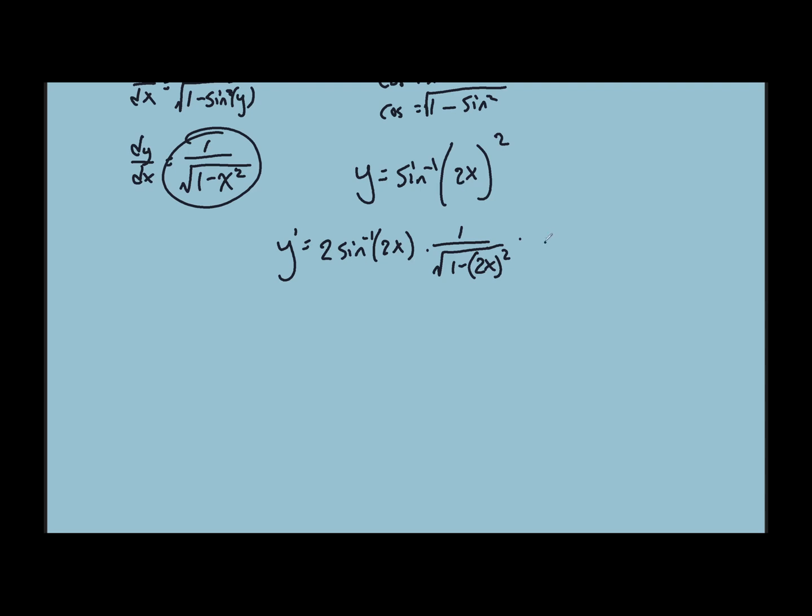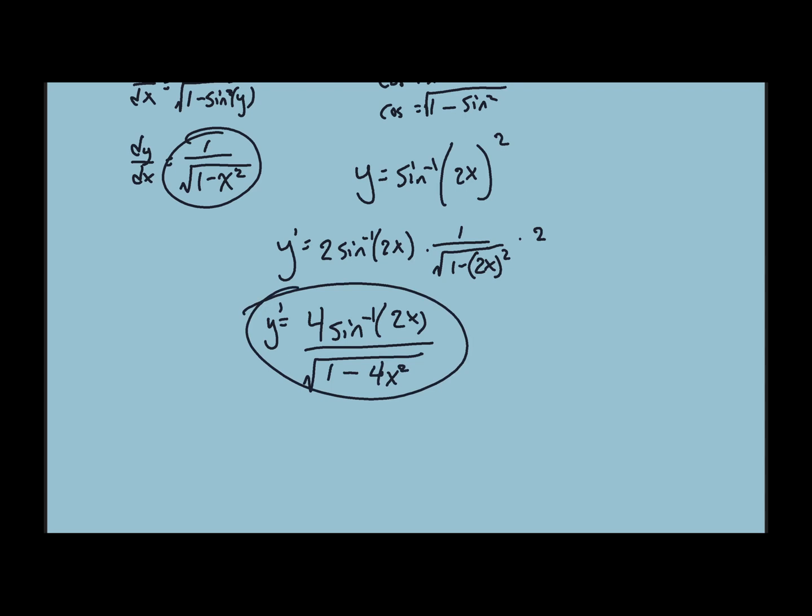Again, there's another inside, and that's just a 2. So we're going to get y prime equals 4, this 2 and this 2, arcsine, oh, that's ugly. Let's make it nicer. 4 arcsine of 2x over the square root of 1 minus 4x squared.